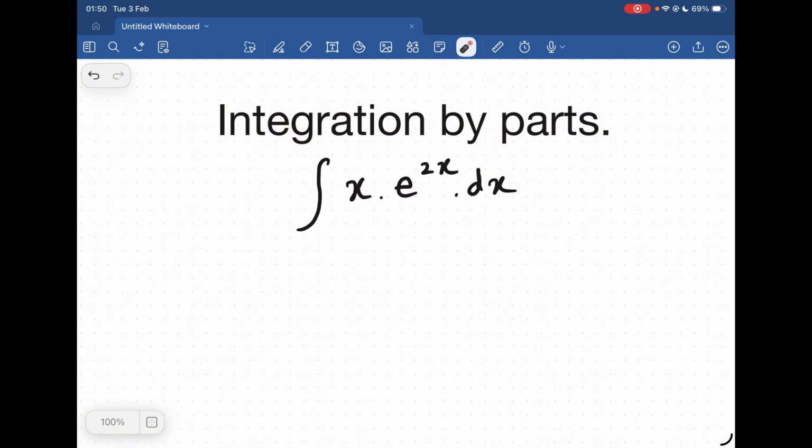It looks scary, because you might be thinking, okay, let's integrate these things separately and then multiply them. No, you can't do that. Just like differentiation has a product rule, for products in integration we have a separate, very interesting technique, and that technique is known as integration by parts.